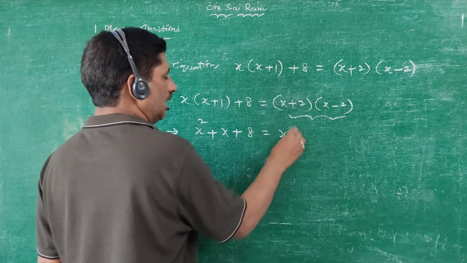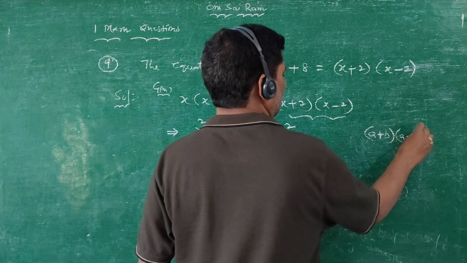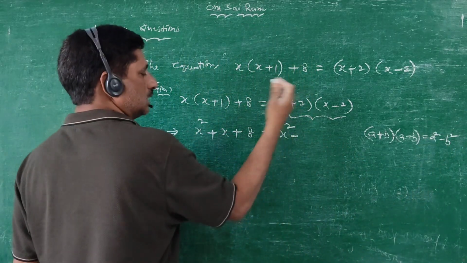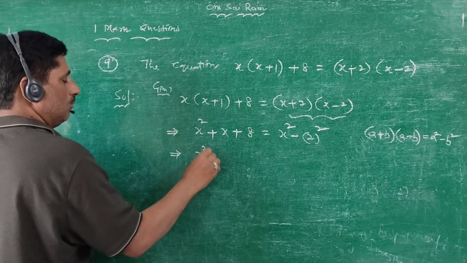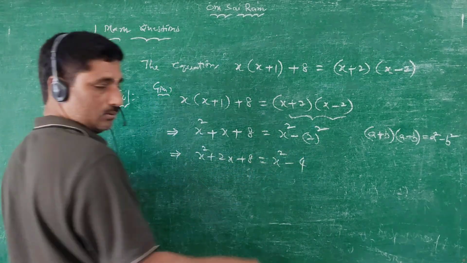Directly we can write a plus b into a minus b is equal to a square minus b square, so x square minus 2 square. So x square plus x plus 8 equals x square minus 4.